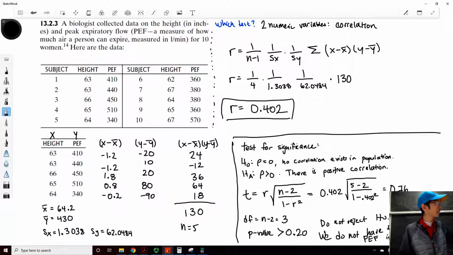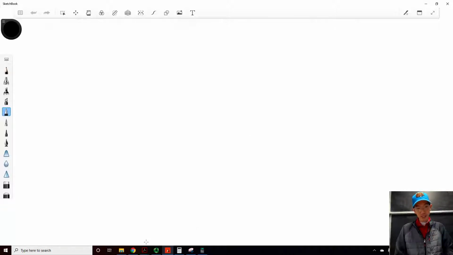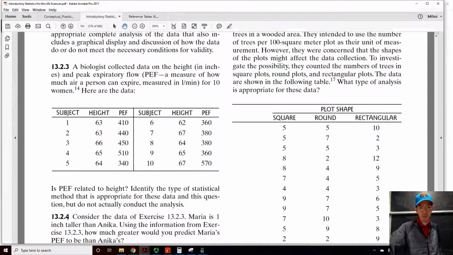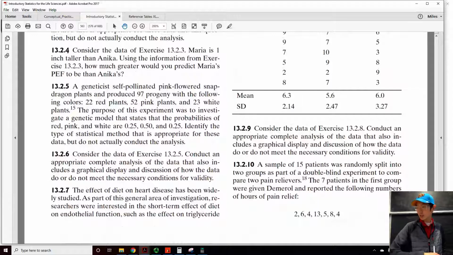You have equations for slope and intercept somewhere in your chapter 12 notes and textbook. I think maybe I'll just keep going. We'll do that for the next problem, so be prepared to find the slope and intercept there.